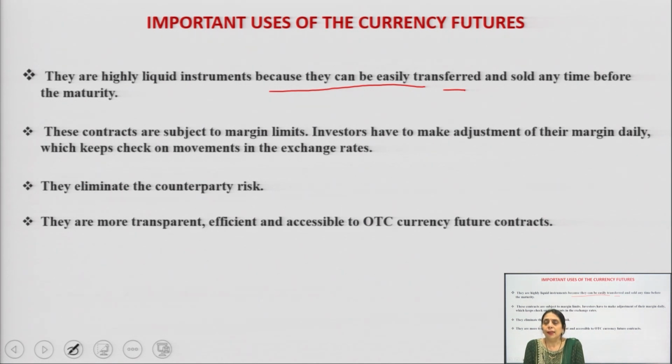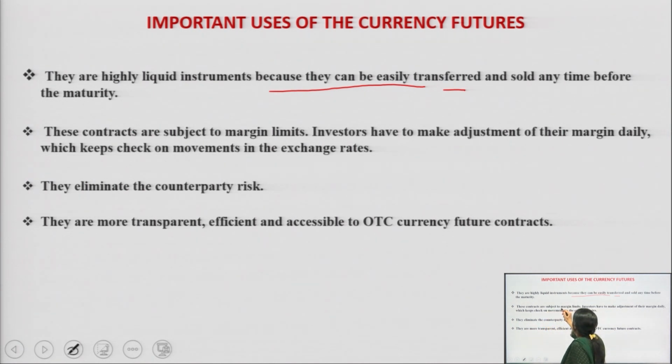You can easily take a position, you can easily liquidate the position, you can easily square off the position if you are getting a profit in the currency future contract, and it can be easily sold out within a second. You can buy the future contract or you can sell the currency future contract. If there is a profit and you do not want to take more profit, you can easily square off your currency future contract.